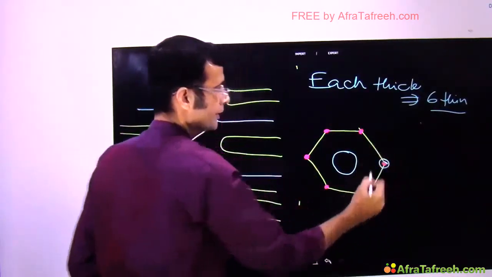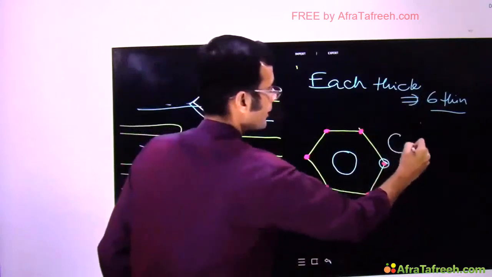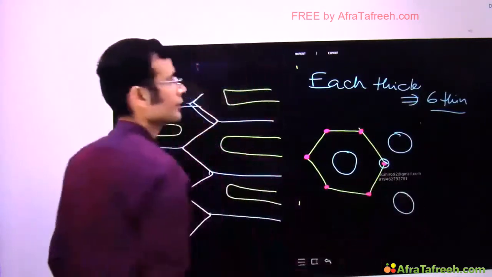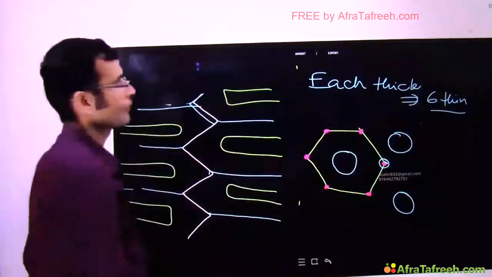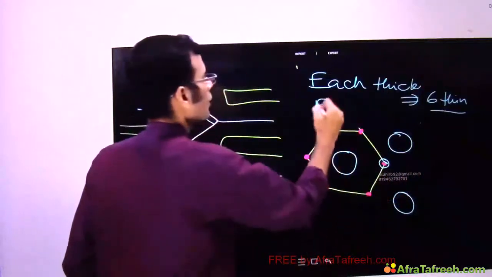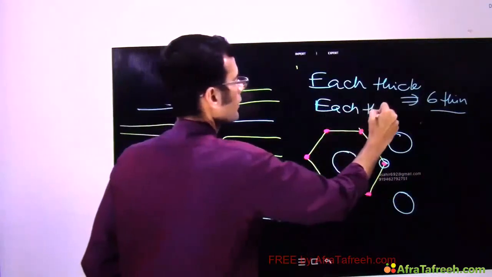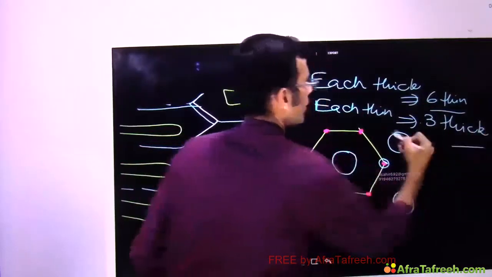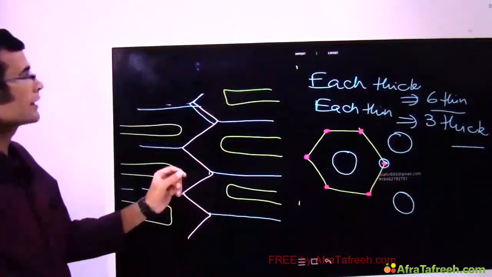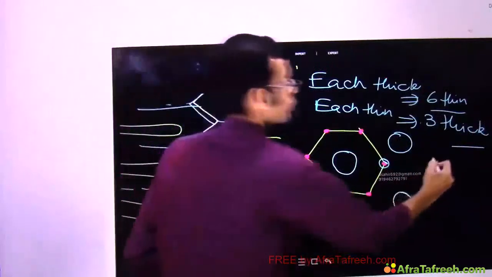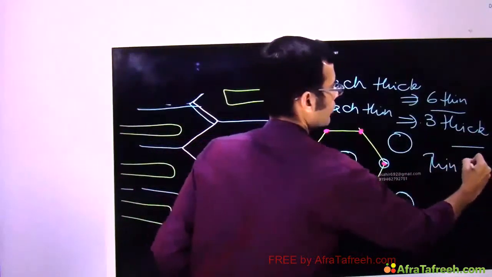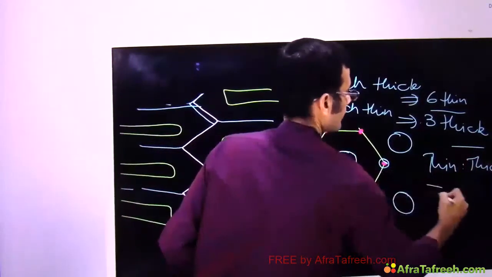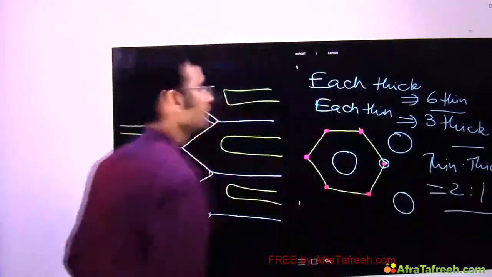If I consider this thin filament, it will be surrounded by 3 thick filaments like this. So each thin surrounded by 3 thick filaments, and therefore in the skeletal muscle the ratio of thin to thick is 2:1.